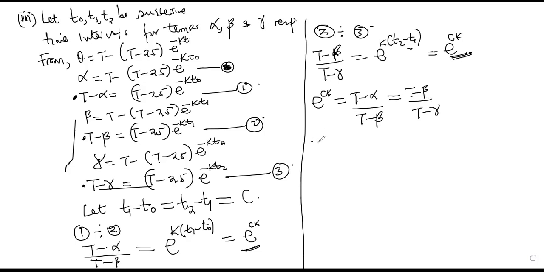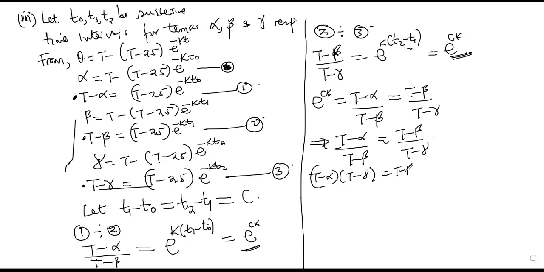So it implies that from here, (t − α)/(t − β) is equal to (t − β)/(t − γ). If you cross multiply, you're going to have (t − α)(t − γ) is equal to (t − β) squared, because it is (t − β) times (t − β).